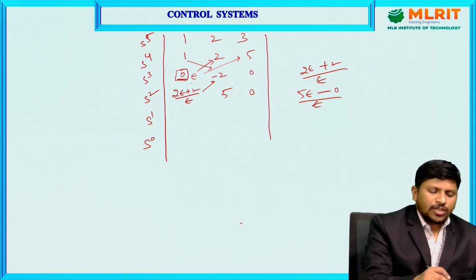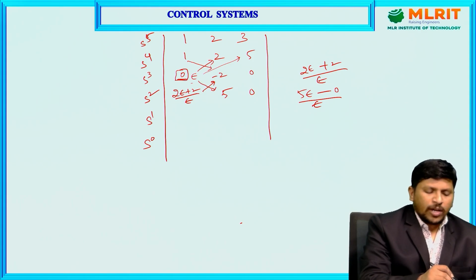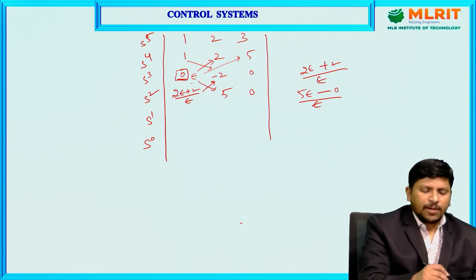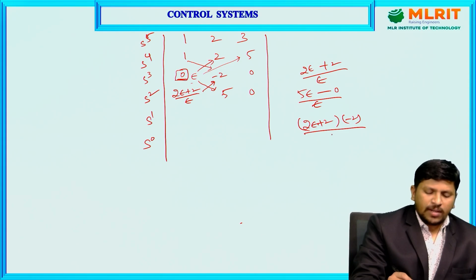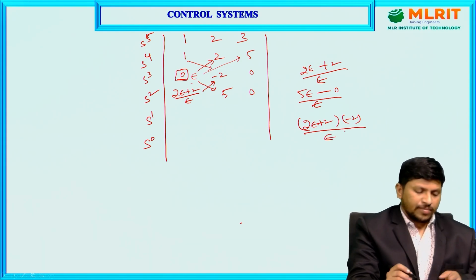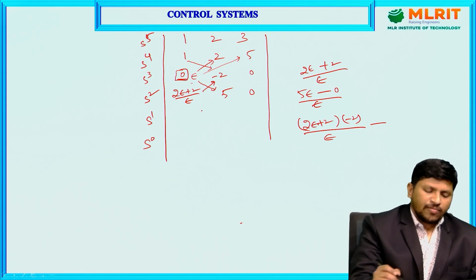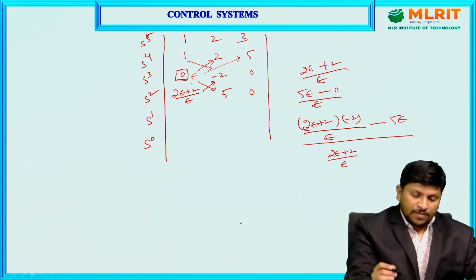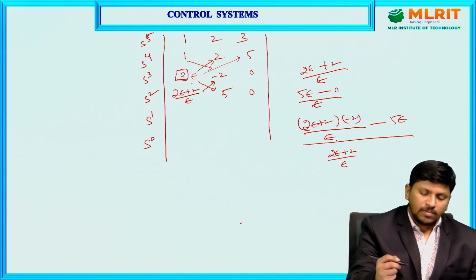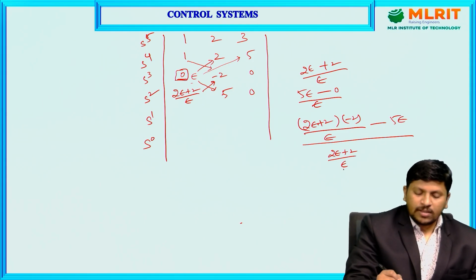See here, next to these two: 2 epsilon plus 2 divided by epsilon, multiply with minus 2, minus 5 epsilon, divided by 2 epsilon plus 2 divided by epsilon. Here epsilon is common.